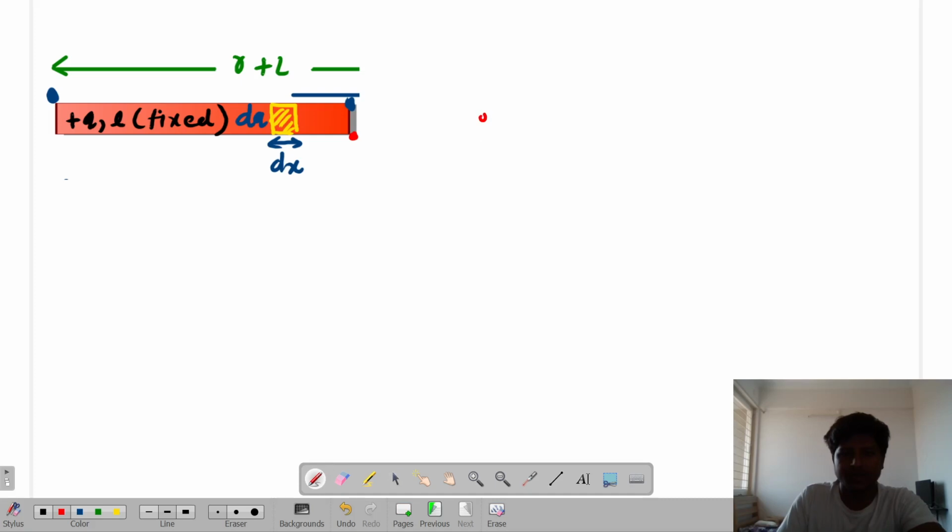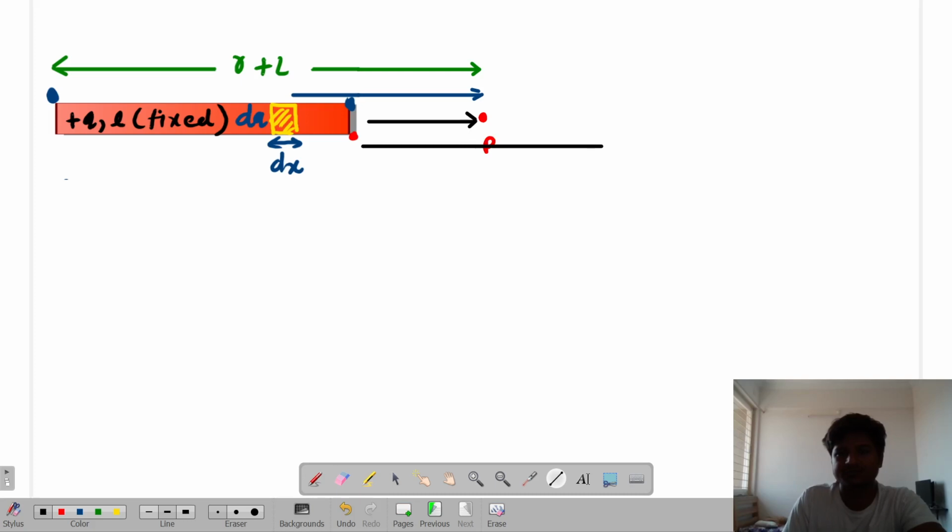So I have the point P over here, and this was my distance x. And this distance was r, isn't it? And this was r plus L. Now the point is, from this end, if the charge goes to a distance of 2r, what is its velocity you have to calculate?